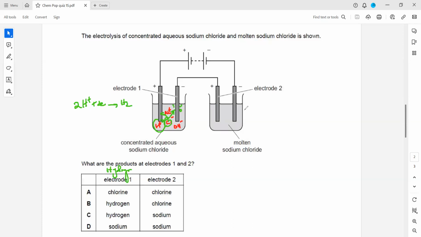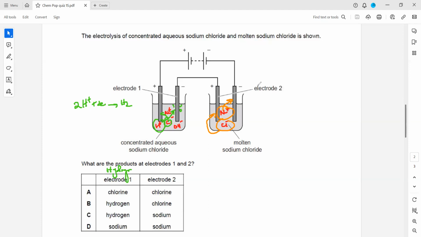And this is molten sodium chloride. Molten means it does not contain any water. So there will be sodium ions and chloride ions. Sodium ions are positive, attracted towards negative, and chloride ions are negative, attracted towards positive.